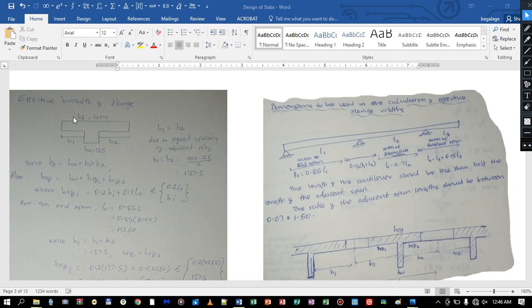Likewise, the effective one will be the effective on this side plus the effective on the other side plus the width of the rib. Whereby the effective distance of either this or this is given by this formula.